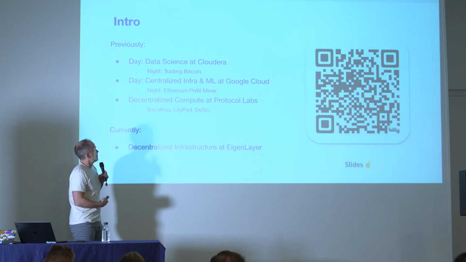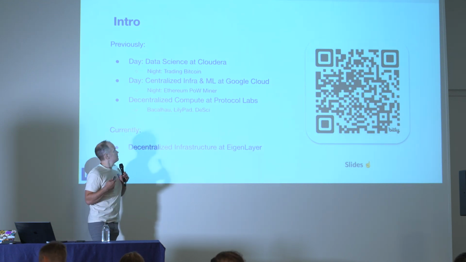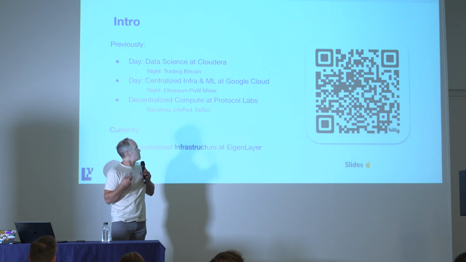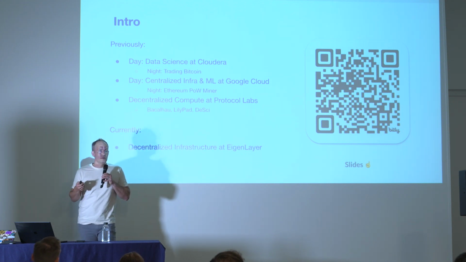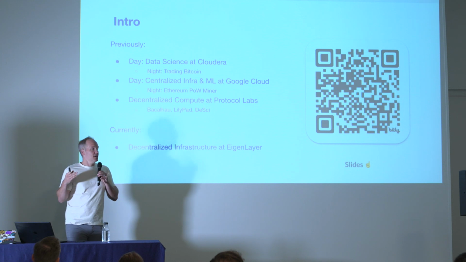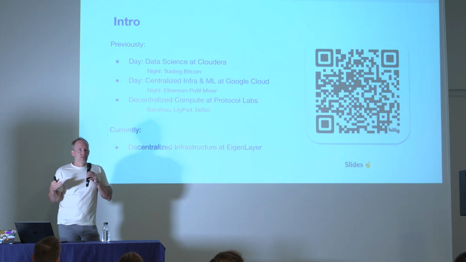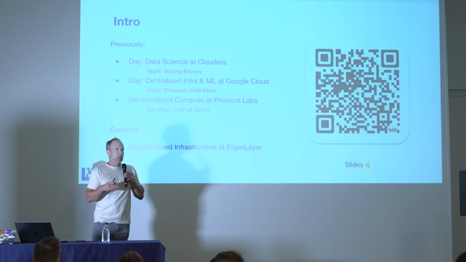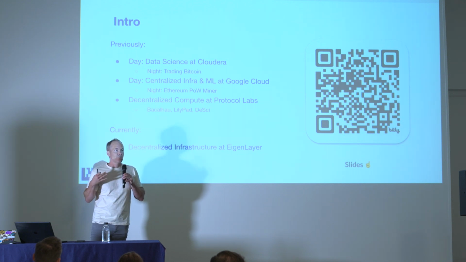A little bit of background in my context. I spent a lot of my career doing solution engineer DevRel work in traditional Web 2, decentralized systems or distributed systems and cloud, and was also mining Ethereum in the evening. But over the past couple of years, I've been very passionate about decentralized infrastructure, decentralized compute, and making that available for Web3.